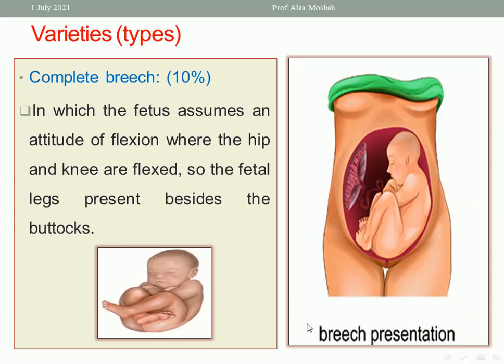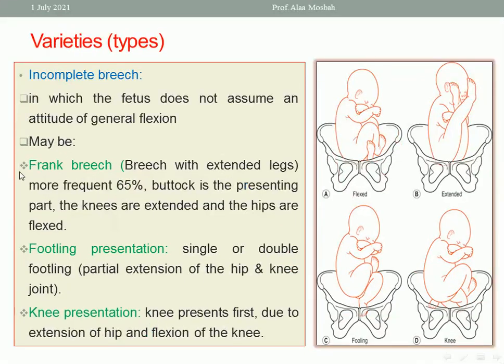Complete breech constitutes 10%. The fetus assumes an attitude of flexion where the hip and the knee are flexed as in this picture, and the fetus presents with buttocks and the legs beside it. These are the other varieties of incomplete breech.